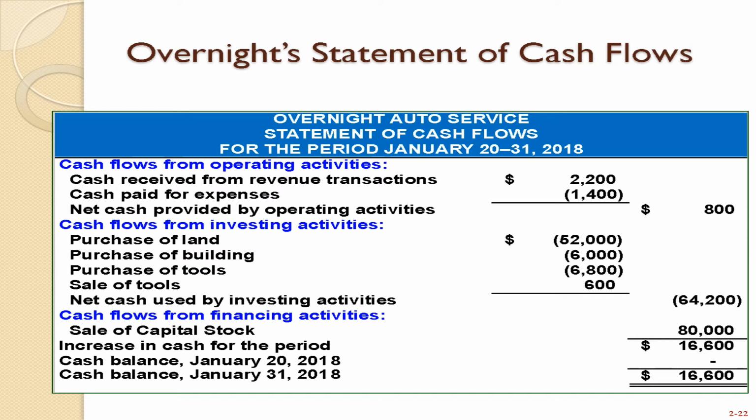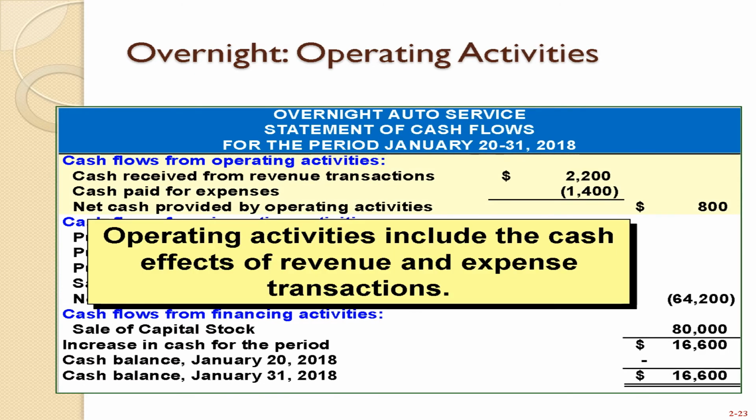Here is the example of the Overnight statement of cash flow, where you can see operating activities, investing activities and financing activities. We will try to understand this statement. Operating activities include the cash effect of revenue and expense transactions.